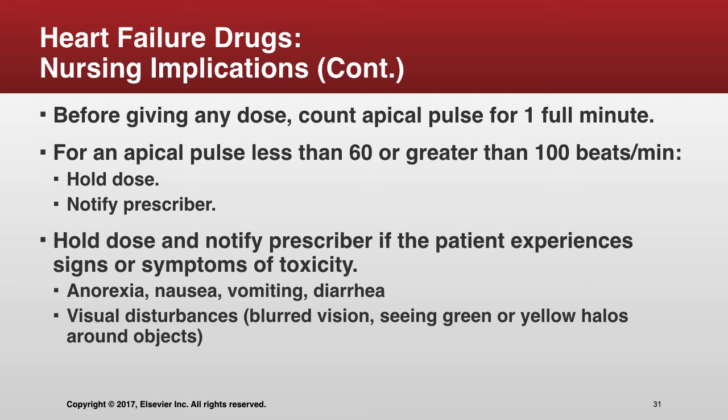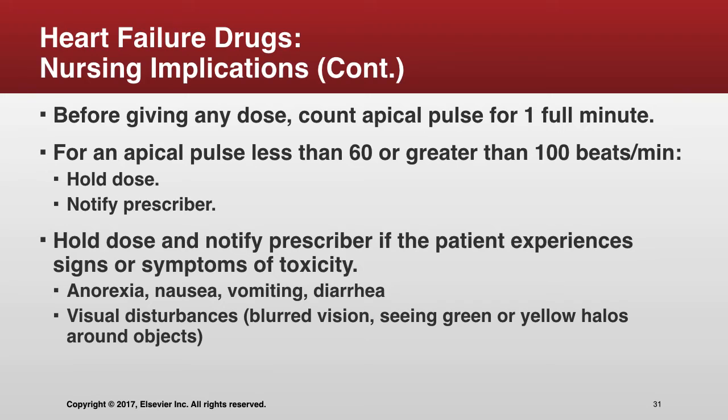So before we give any one of the heart failure drugs, especially digoxin, we want to count the apical pulse for 1 full minute. For an apical pulse less than 60 or greater than 100 beats per minute, we hold the dose and we notify the prescriber. Now, obviously, these numbers are different if we're talking about children, because for a child, I wouldn't want to see their apical pulse at 60.